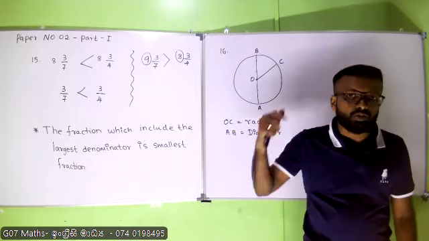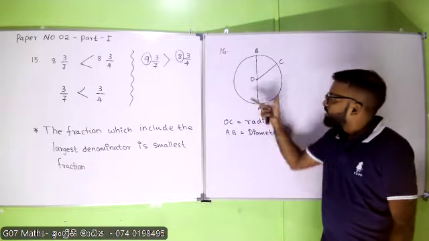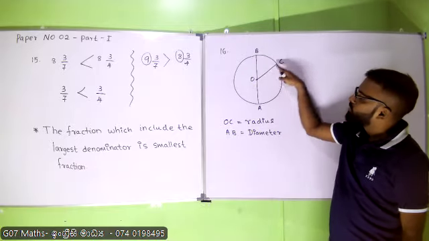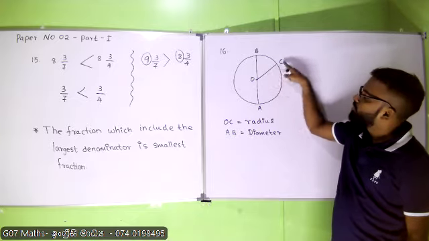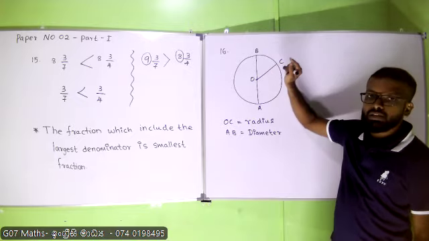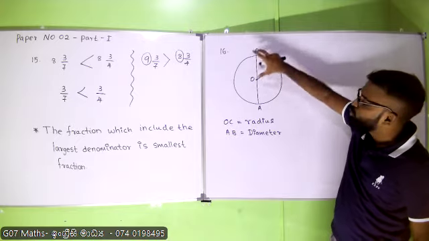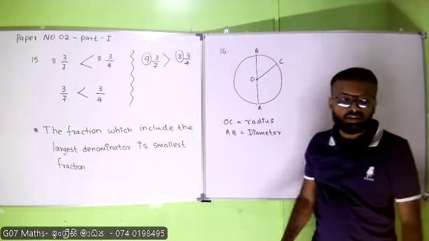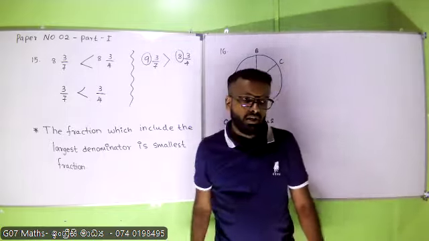Chenuka and Chanukri, yes, 2 times. Diameter AB is 2 times the radius. 2 times OC equals AB. Radius, 2 radii. Keep that in mind.